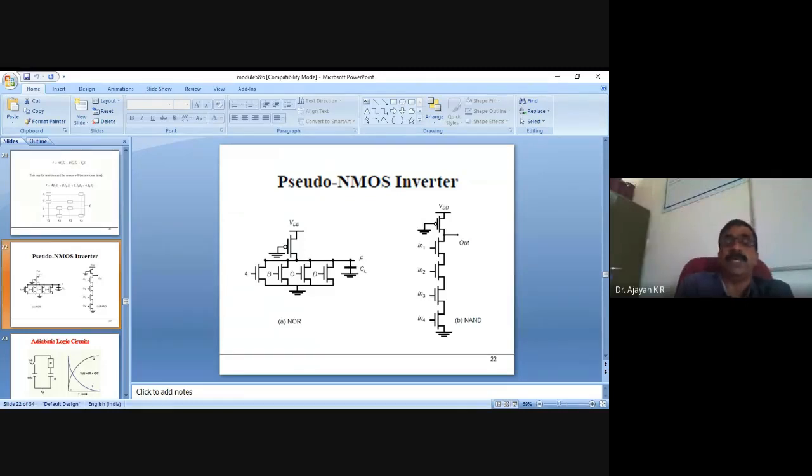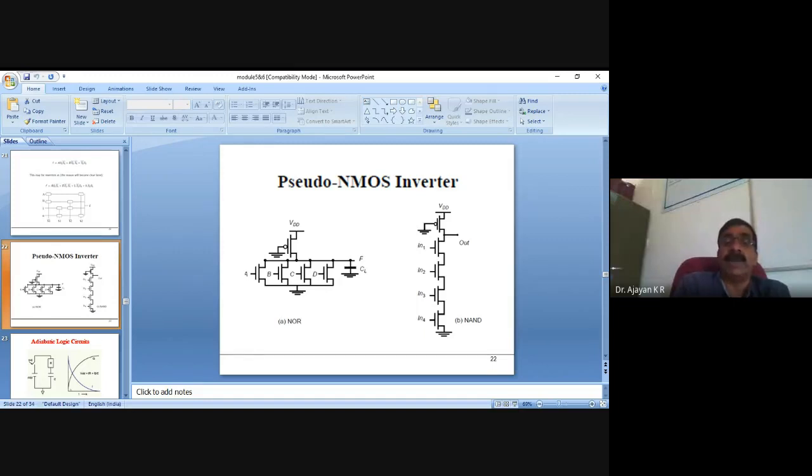But the problem is the output 1 is always VDD, but output 0 is never 0. Instead, it may be a voltage V1. That V1 will be decided by how many transistors are on. If you take a NOR gate, if A, B, C, and D are on, then naturally you will get a voltage very near to 0 because the discharging current is very, very high. Four parallel transistors are trying to discharge.